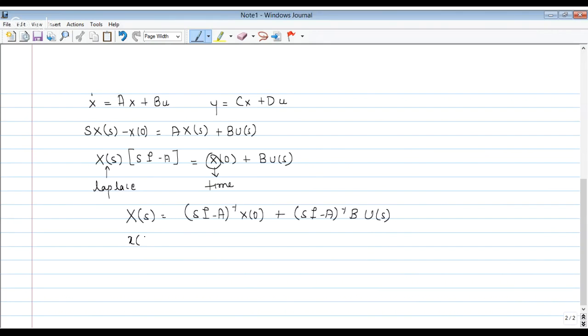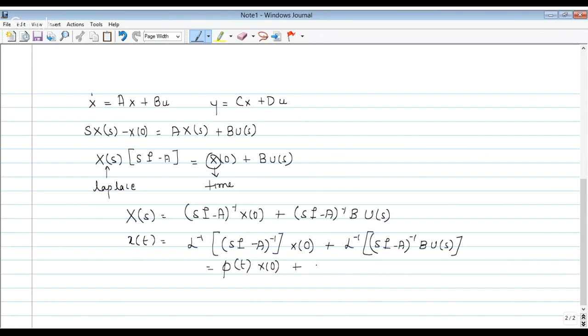If I take the inverse Laplace, x of t, the x(0) will lie outside only, because it is a constant. Then the Laplace inverse of (sI minus A) inverse is called phi(t), into x(0). This is called the Laplace inverse of (sI minus A) inverse B U(s).